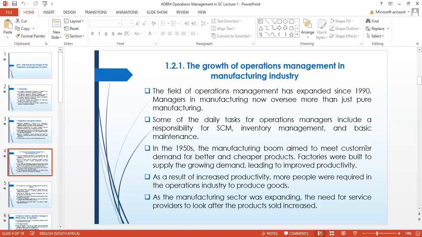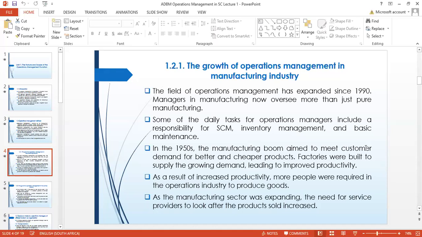So as productivity increased, it means more workers were required to work in the operations industry. More workers were required to produce goods that were being demanded by consumers. So we said the manufacturing industry expanded.